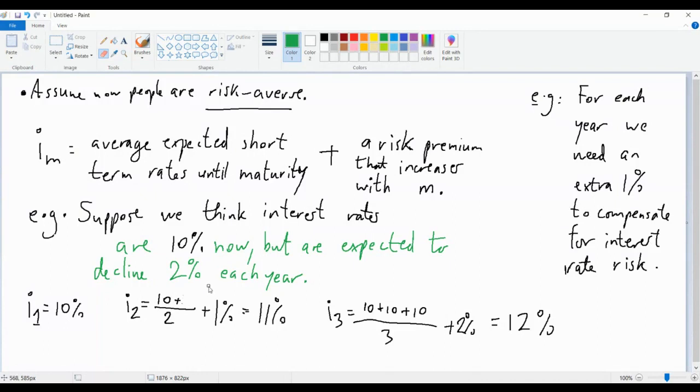The interest rate today is 10, but it's expected to decline by 2% each year, so we would expect next year to be actually 8. So the average of 10 and 8 is 9, and then you add 1%, you get 10.